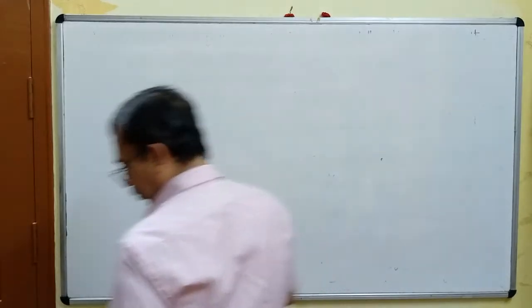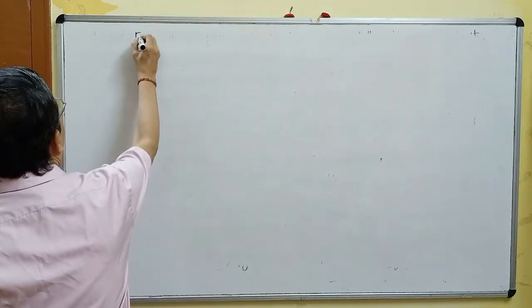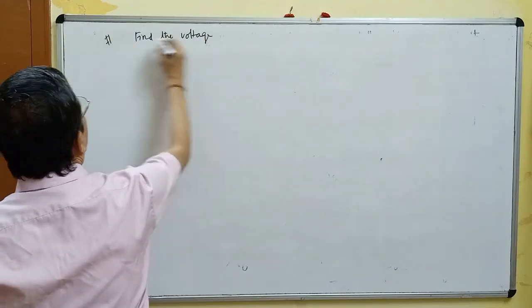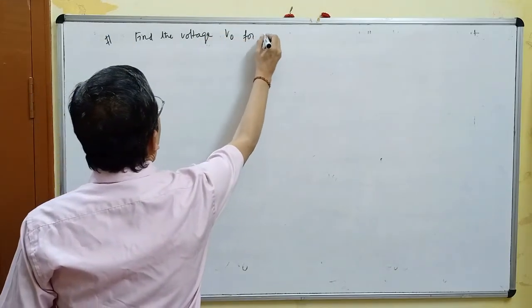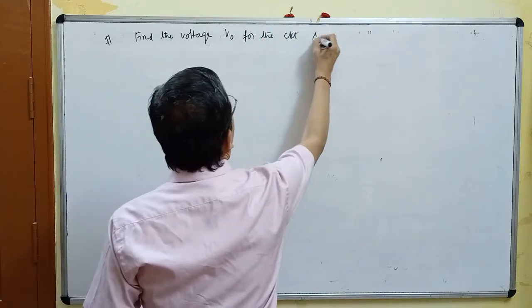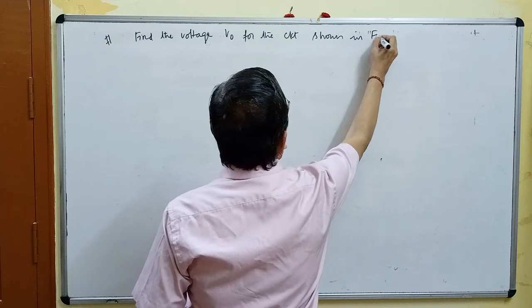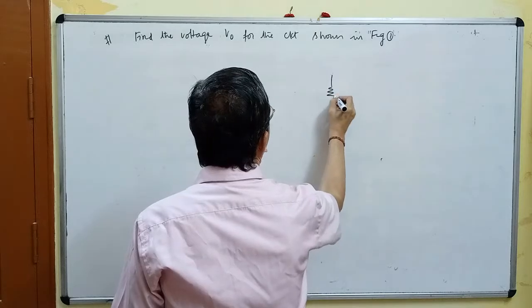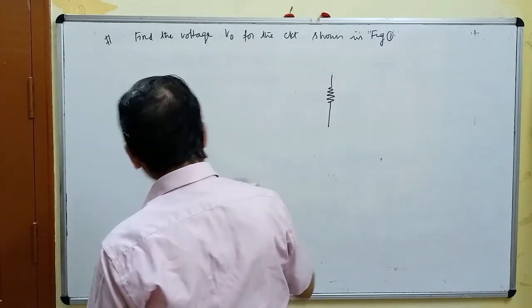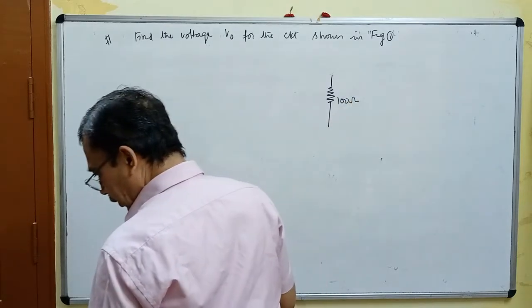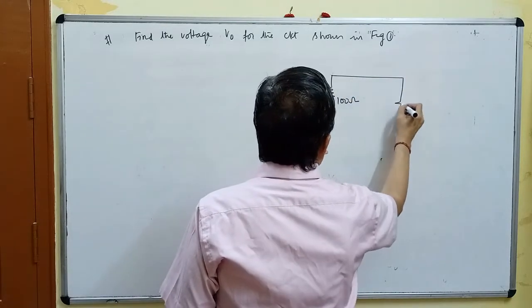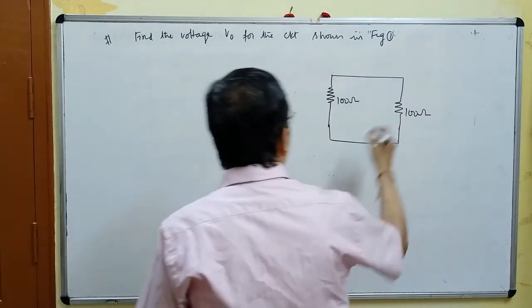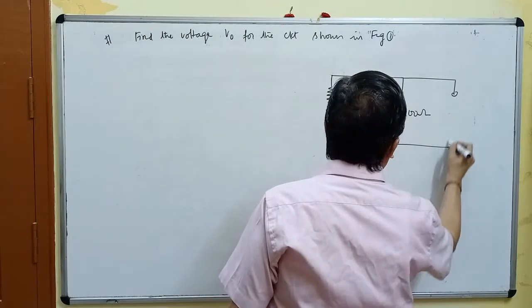The next problem is, find the voltage V0 for the circuit shown in figure 1. 100 ohms, 100 ohms, and this is plus minus V0.